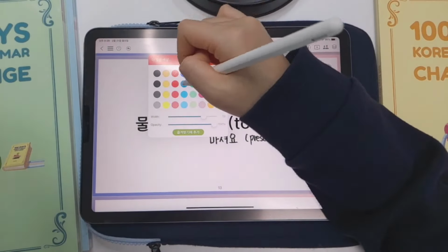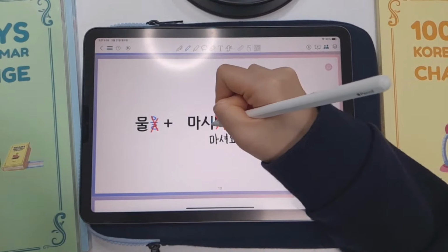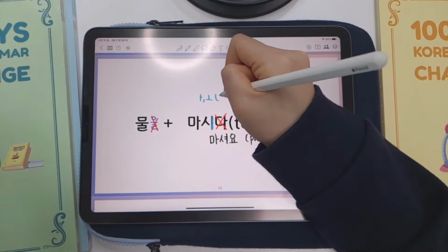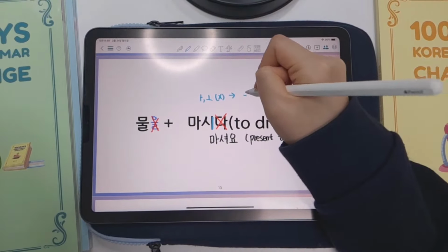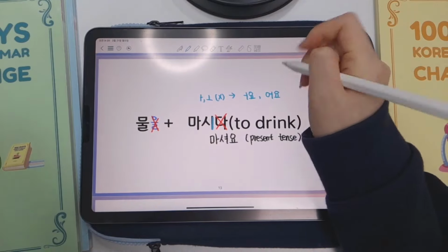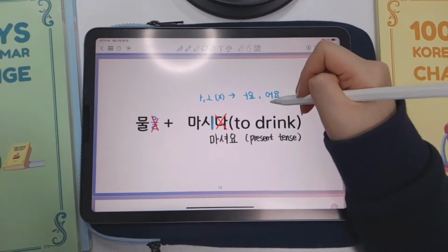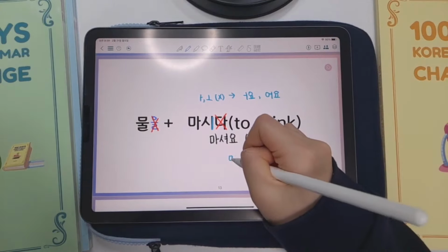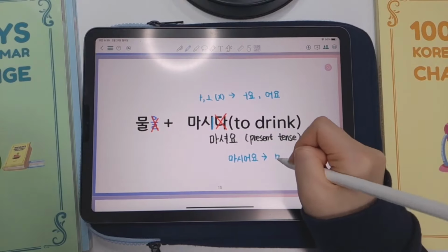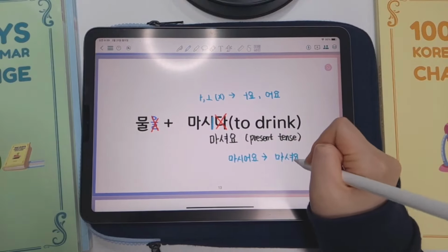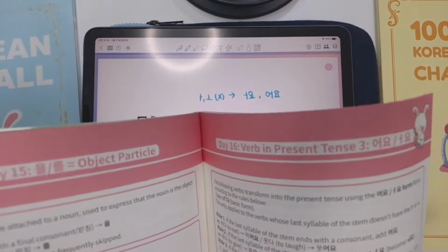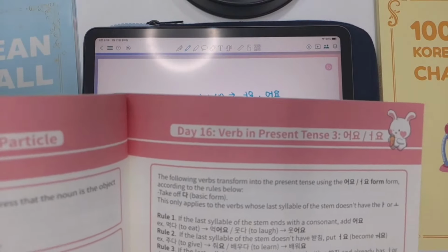If the vowel of this syllable is not a or o, then 마시어요 can be changed into 마셔요. We're going to learn it maybe next week on page 27, day 16.